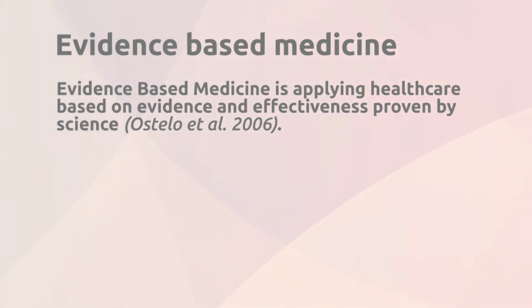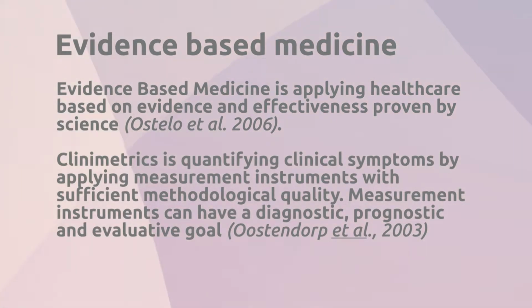Evidence-based practice requires studying the latest evidence in literature, integrating this evidence in practice, having a self-critical view, and applying clinometrics. Clinometrics is quantifying clinical symptoms and physical signs by applying measurement instruments with sufficient methodological quality.